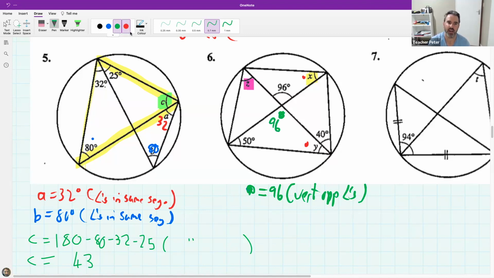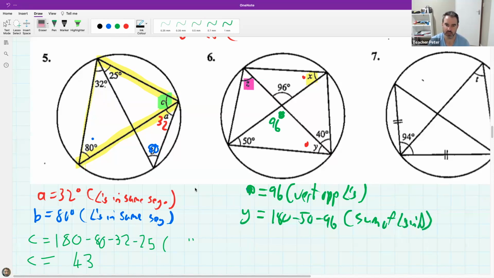But now I can know what y is because it's 180 minus 50 minus 96, sum of angles in a triangle. And so y will be equal to 34. Steve and I agree.